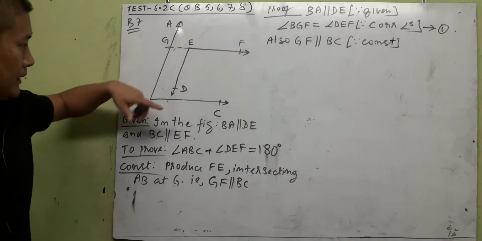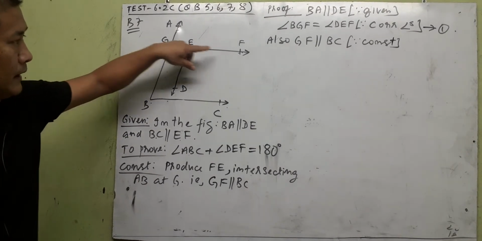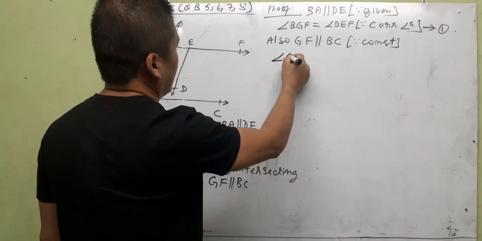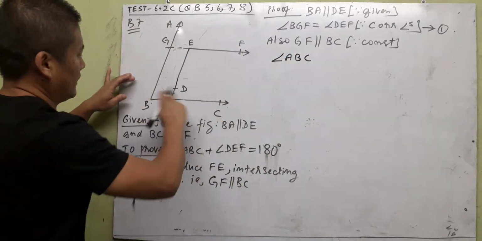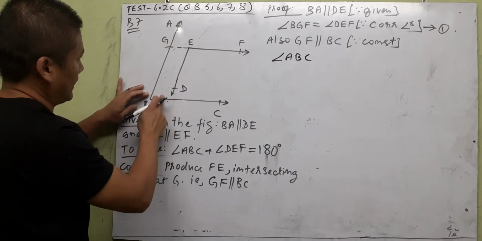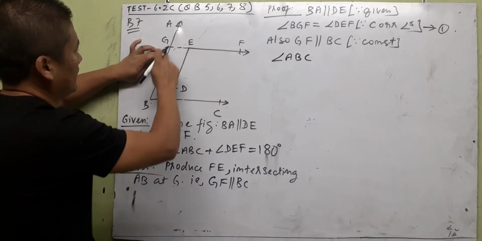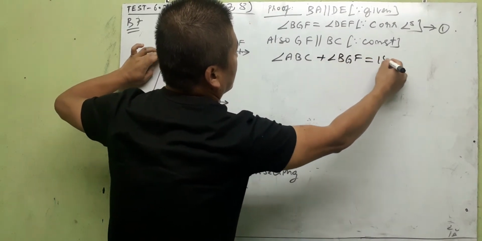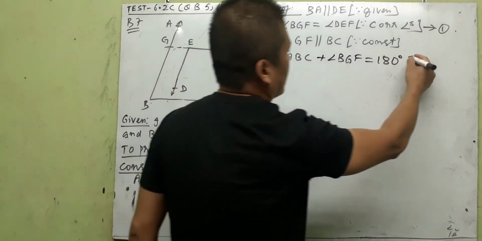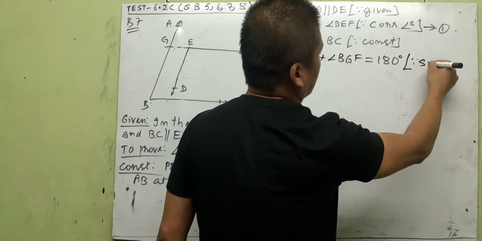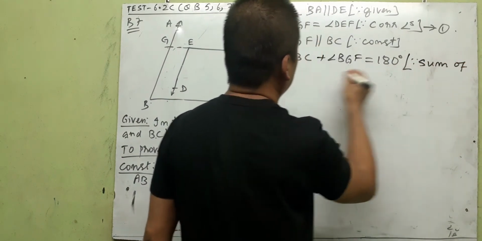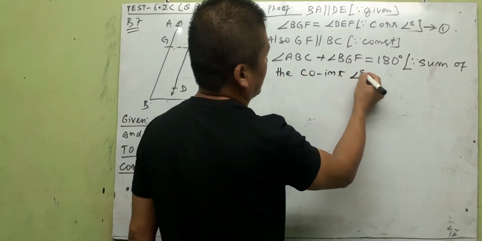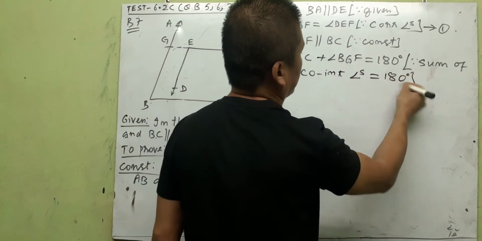Now these two lines are parallel, so angle ABC plus this one BGF are going to be equal to 180 degrees, because when the lines are parallel, the sum of the two co-interior angles will be 180 degrees.